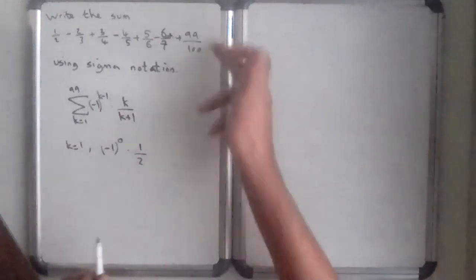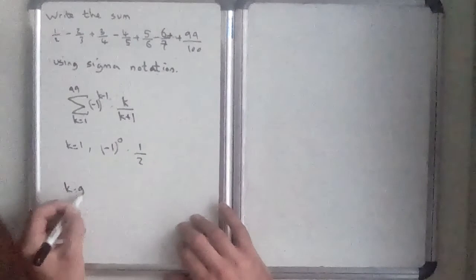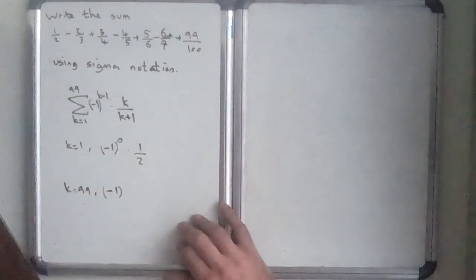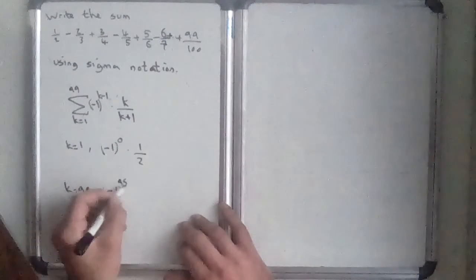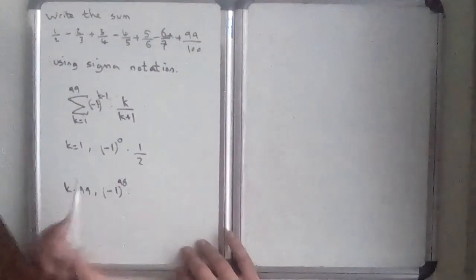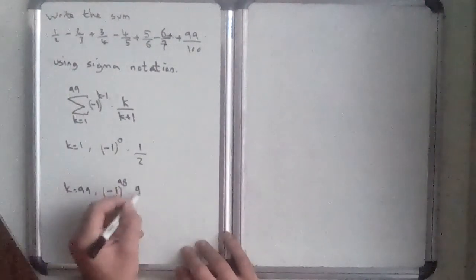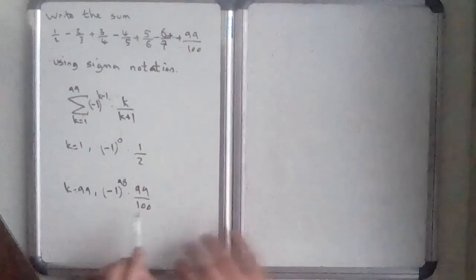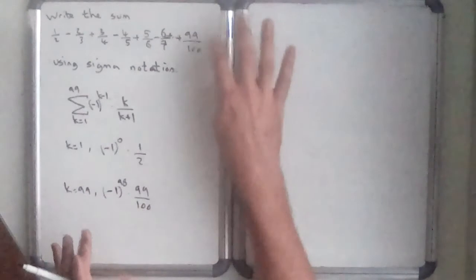If we go all the way up to the end, k equals 99, we have minus 1 to the power 99 minus 1, 98. Minus 1 to any even power is just 1, times k over k plus 1, 99 over 100. So that would be 1 times 99 over 100. It would be positive, so that works.